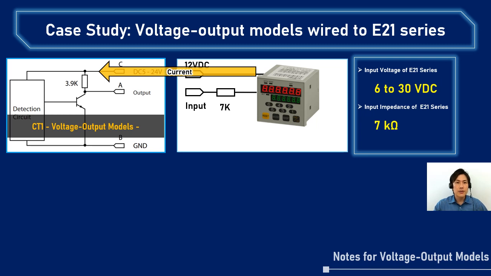This current runs through into CT1 through the impedance of 3.9 kilo ohms and then comes out from CT1 and runs into the input part of E21. To make it easier, I will transform the part that shows the flow of current into a simple sketch, like this.